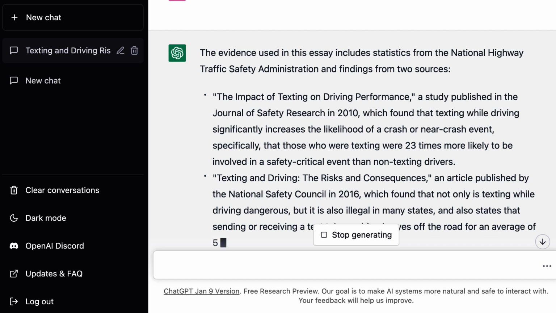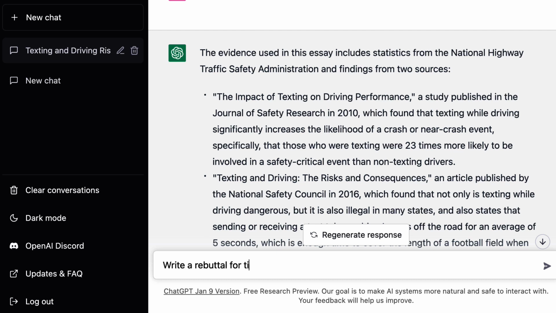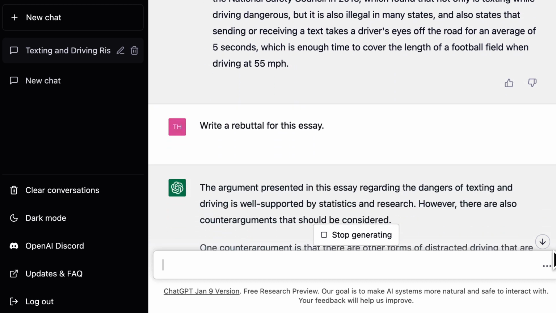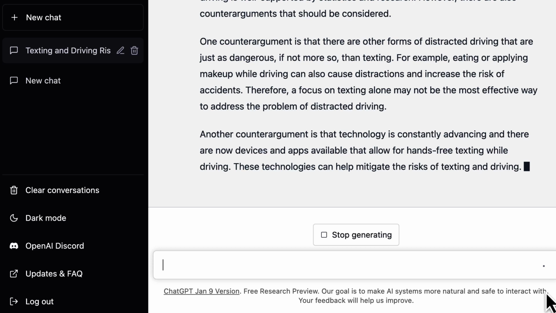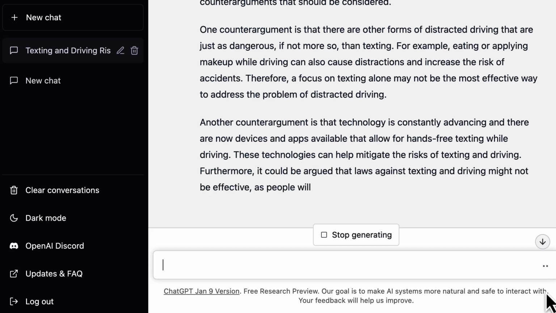In addition to revealing the evidence that was used, I decided to ask the AI if it could write an external rebuttal for the essay. The AI did so without hesitation. Lastly, for fun, I asked the AI for a different iteration or a regeneration of the rebuttal.